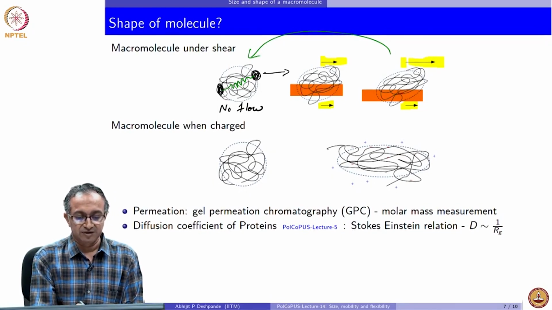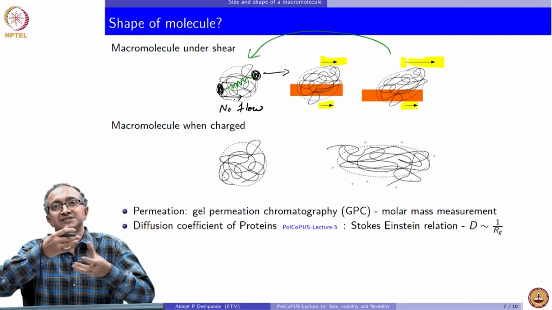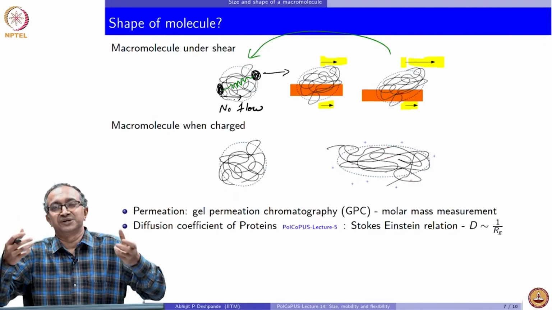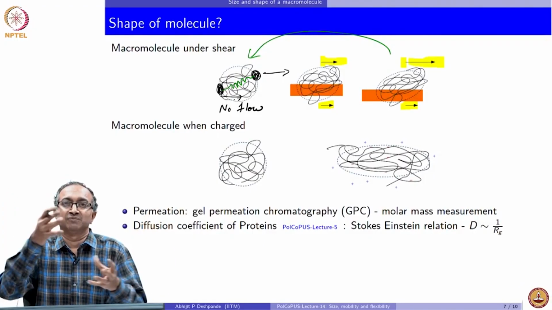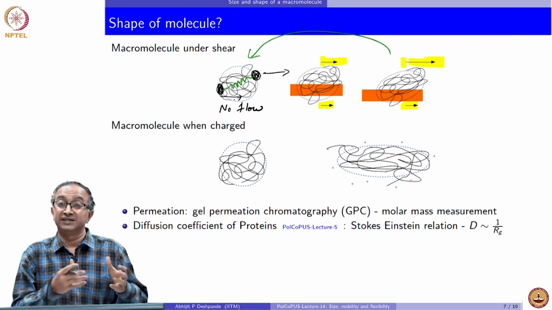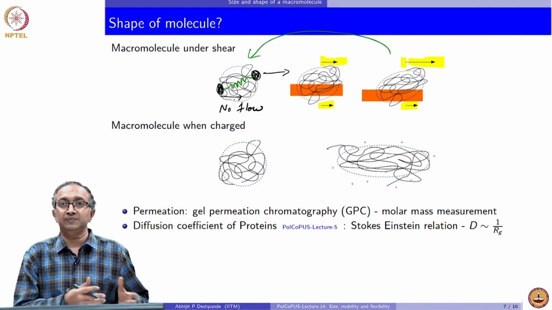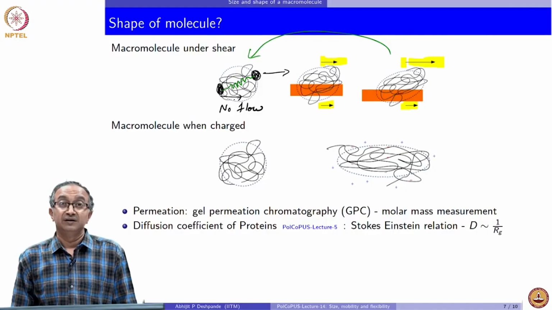One part of the spring has to move faster than the other part, so the spring starts getting stretched, it starts getting oriented. As soon as you leave the flow, then again the spring wants to come back. And so stretching and orientation of a single macromolecule is the key to understanding viscoelasticity of polymeric materials.